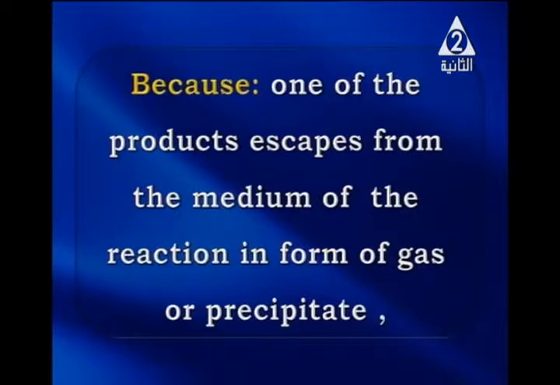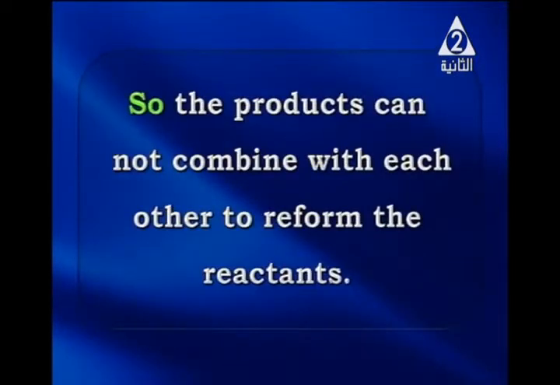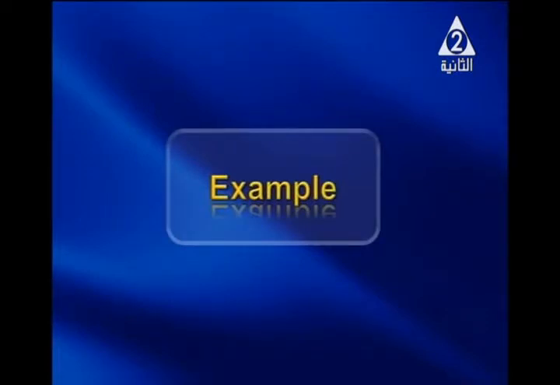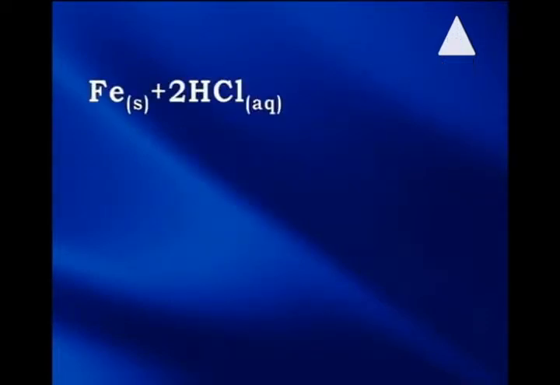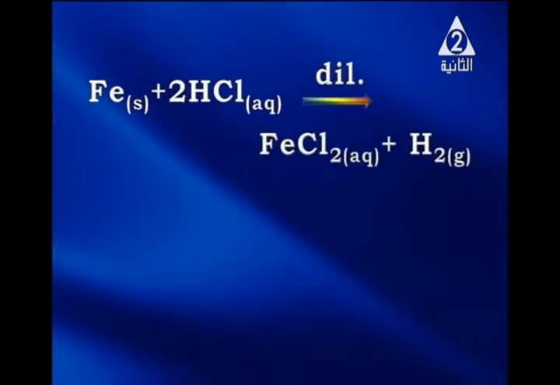We say this because one of the products escapes from the medium of the reaction in the form of gas or precipitate. That's why the products cannot combine with each other to reform the reactants. For example, the reaction of iron with dilute hydrochloric acid gives iron(II) chloride and hydrogen gas.